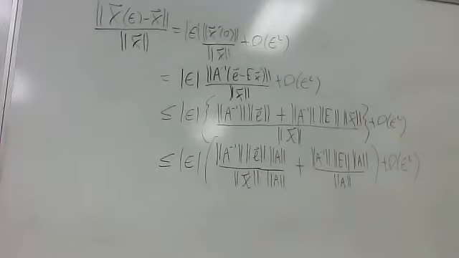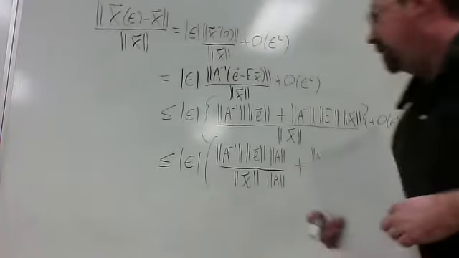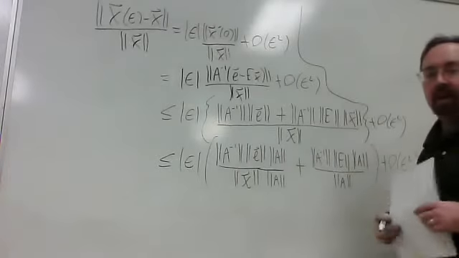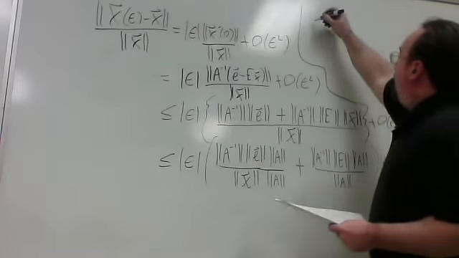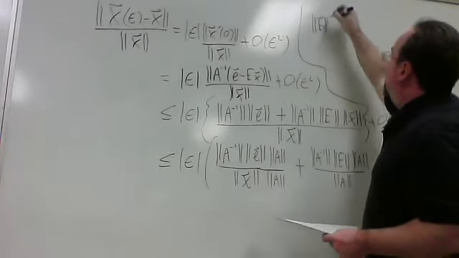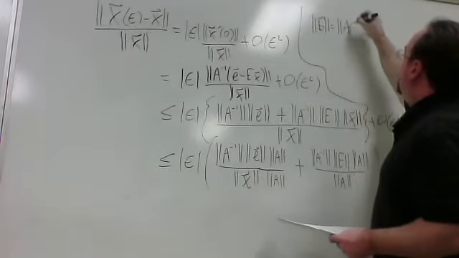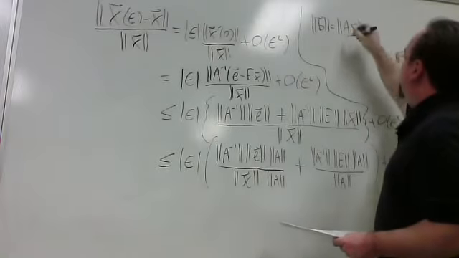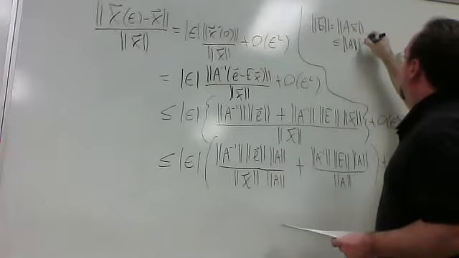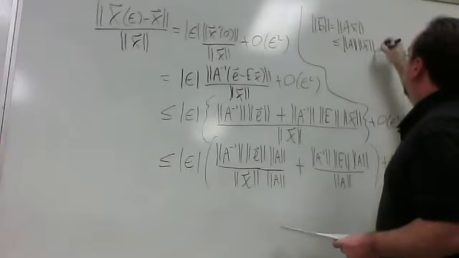Now, what I can do in this first fraction, notice I have norm of A times norm of x. Well, so off to the side here, I have norm of B is equal to the norm of AX. So that is less than or equal to the norm of A times the norm of x.